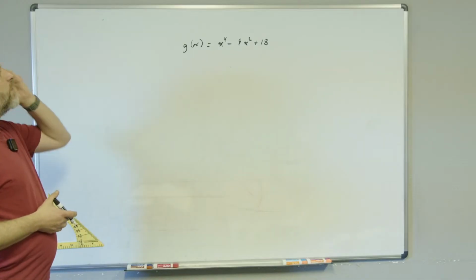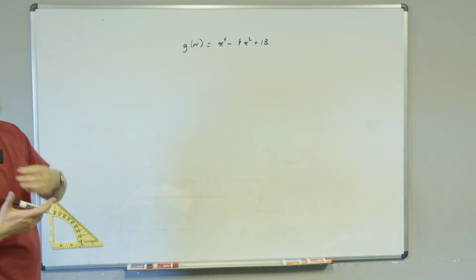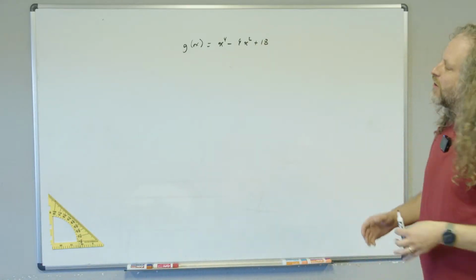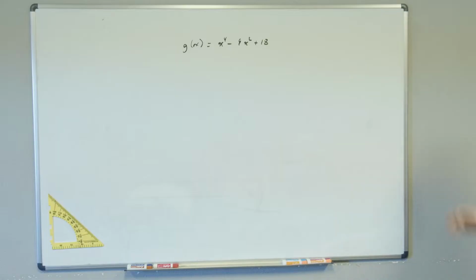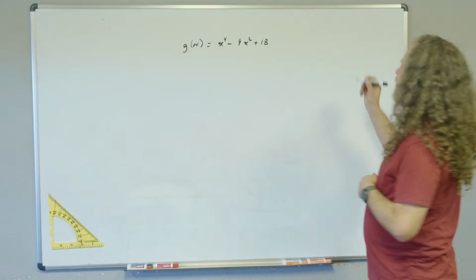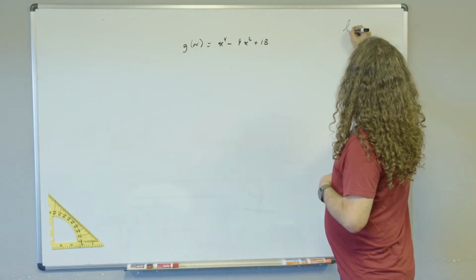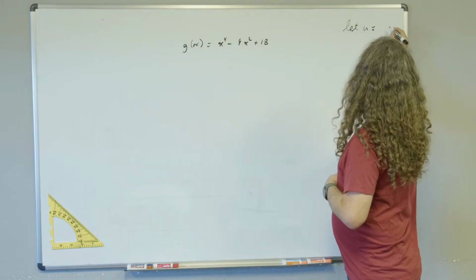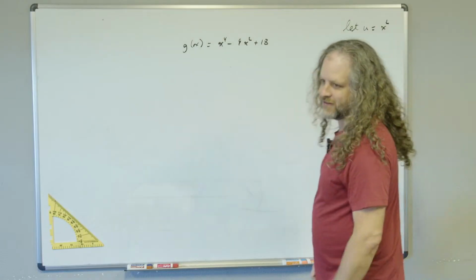We're going to factor this one. This one's not very hard. We're going to use something that you're liable to see when you go to college, if you take college algebra next year: U substitution. Okay, so we're going to let U equal x squared.